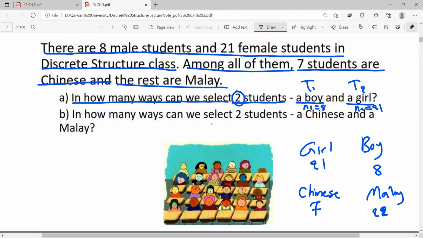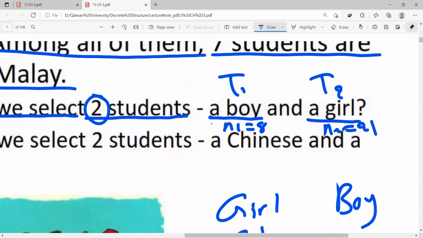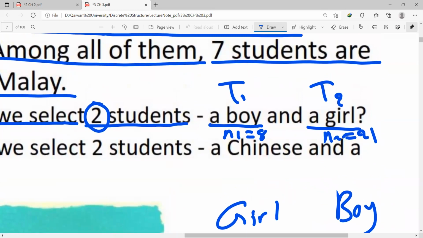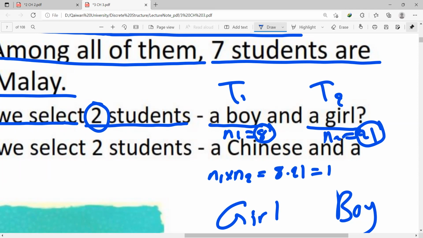So the number of ways to choose a boy and a girl equals 8 times 21, so n1 times n2. We don't say n1 plus n2. It equals 168. Yes, it's 168.